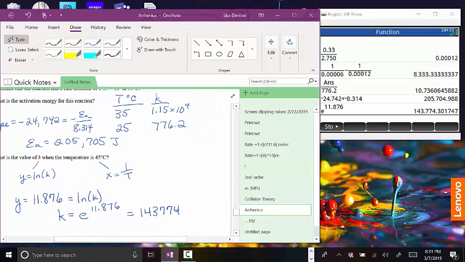And that, again, it's still second order, so that's molarity to the -1, minutes to the -1.